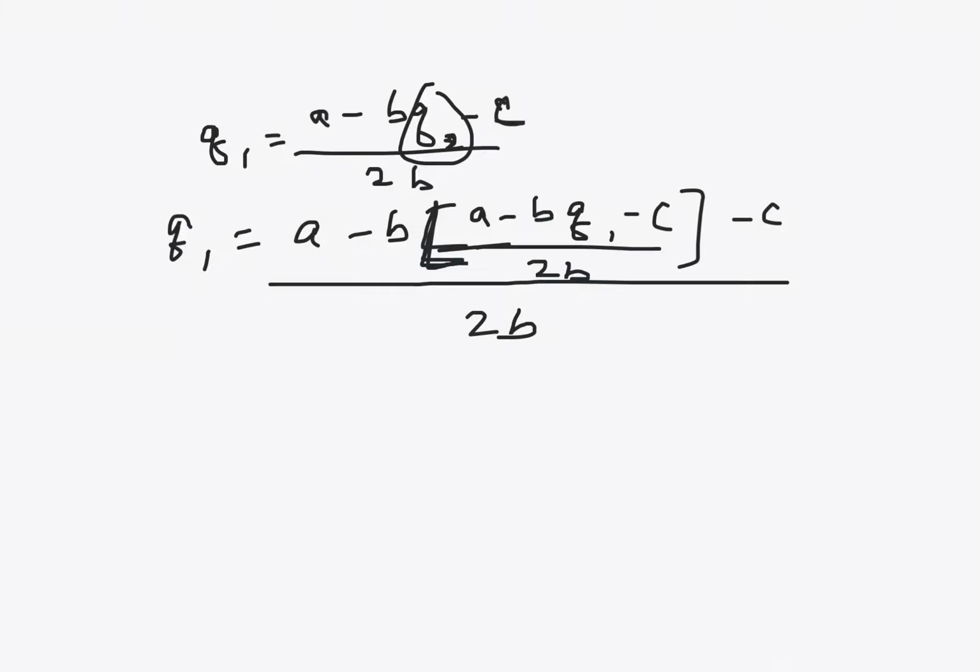So let's do that. Here, B will cancel out, right? And then 2 times 2B, this gets multiplied here, so you have 4B. So 4B will cross multiply with this. So you can write 4B times Q1 equals 4B times A, so 4AB, right?